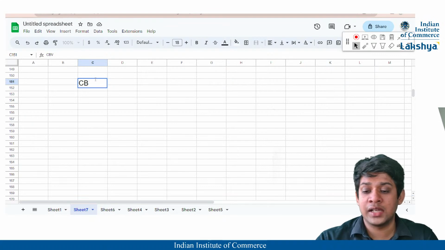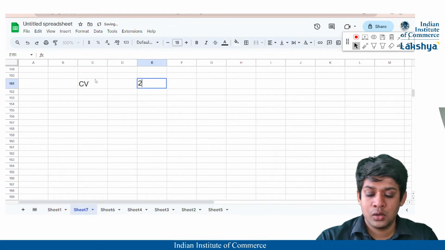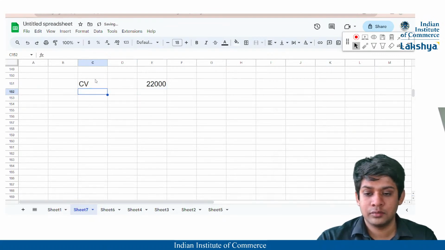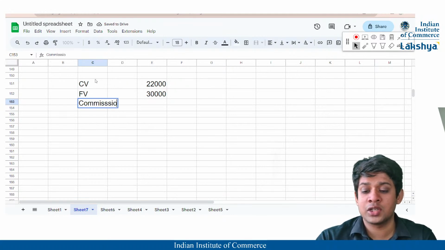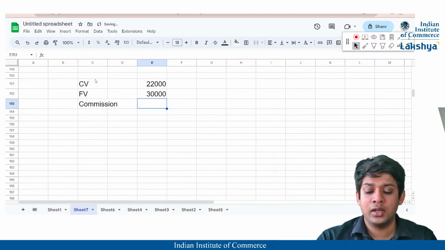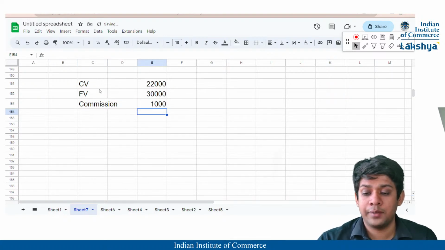The carrying value of the asset was 22,000. The fair value at which it was sold is 30,000, and for selling it, I have been charged a commission of 1,000 by the broker I had hired.